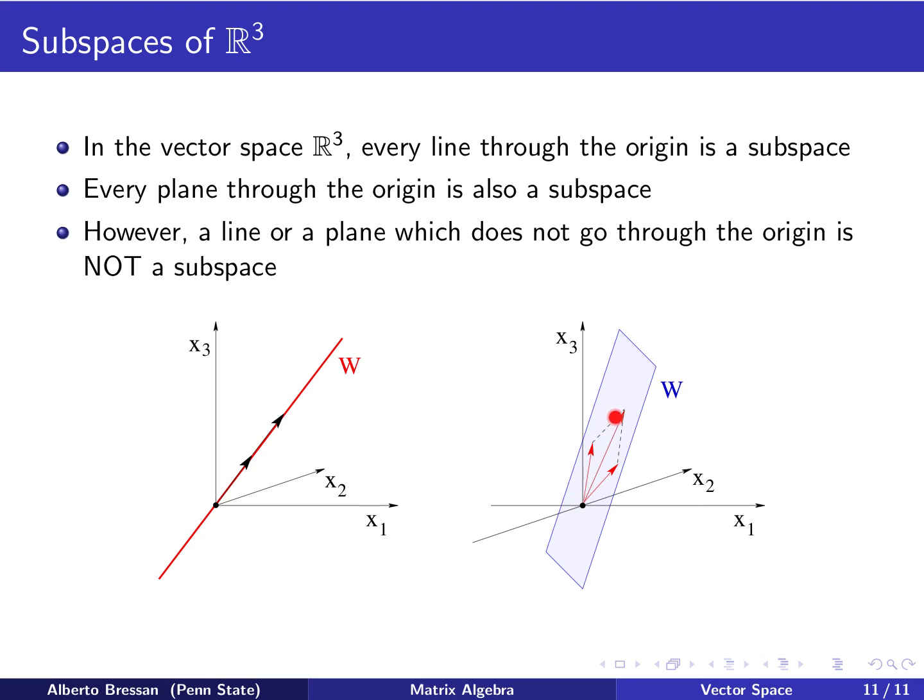The sum will be in the same plane as u and v, and therefore it will also be in W. Similar to 2D, if you have a line or a plane that does not go through the origin, then this is not a subspace. A similar argument as we have done for 2D.